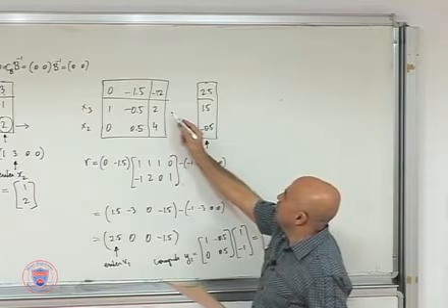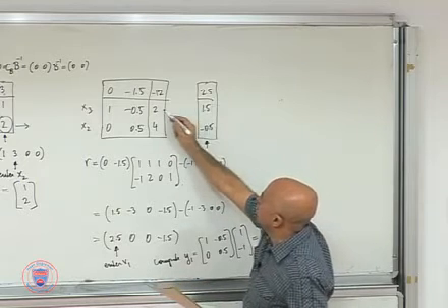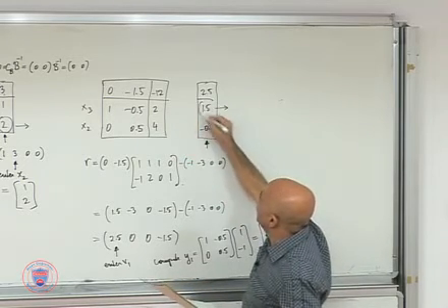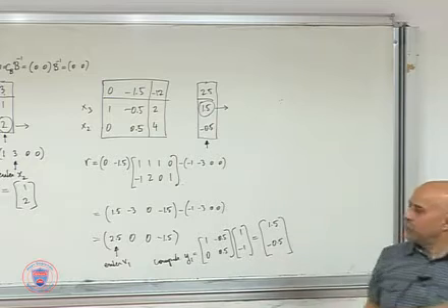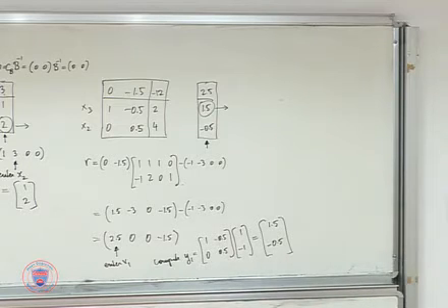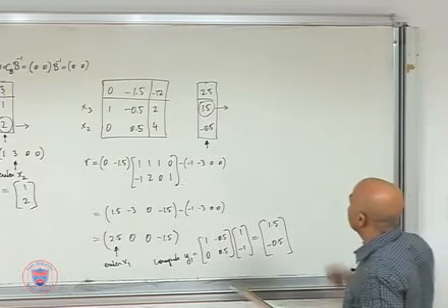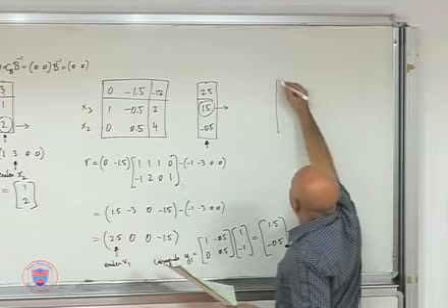Compute the ratios. Well, there's only one ratio to compute, so that one exits. So that's the one you pivot on. So we get to the new solution.